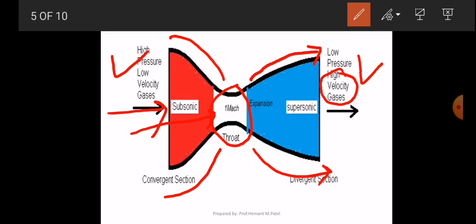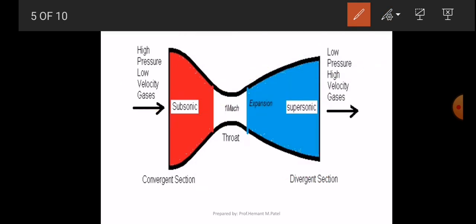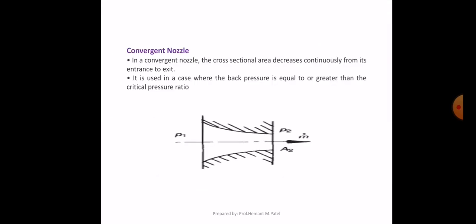Okay, so this is the basic thing. This is subsonic, this is sonic, and this is supersonic. So Mach number 1, right? Subsonic, sonic and supersonic. This is the convergent nozzle.